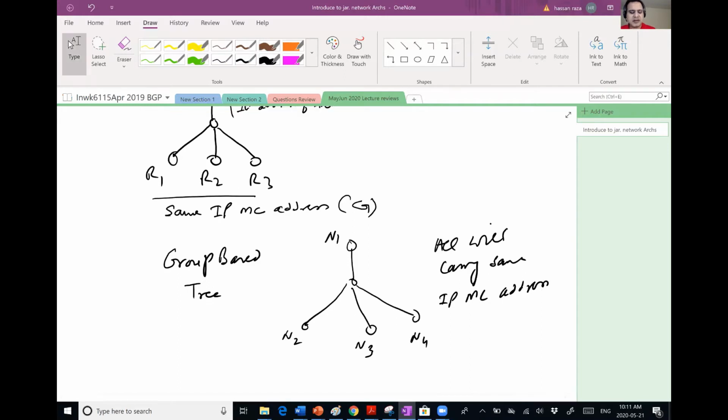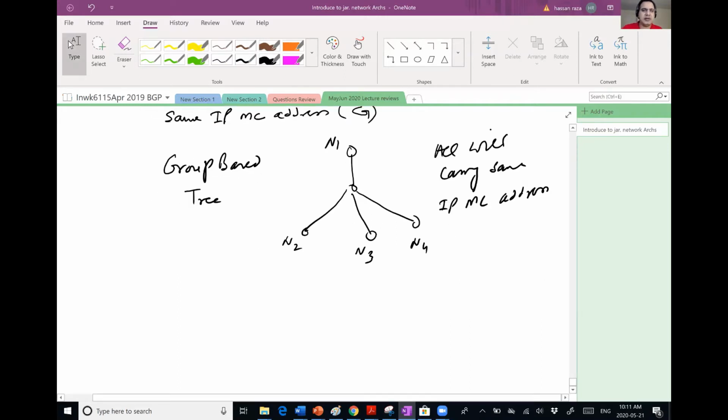There is also another type of tree that is called the core-based tree. We'll talk about that later because I need to write more, so I have already a diagram. We will talk.